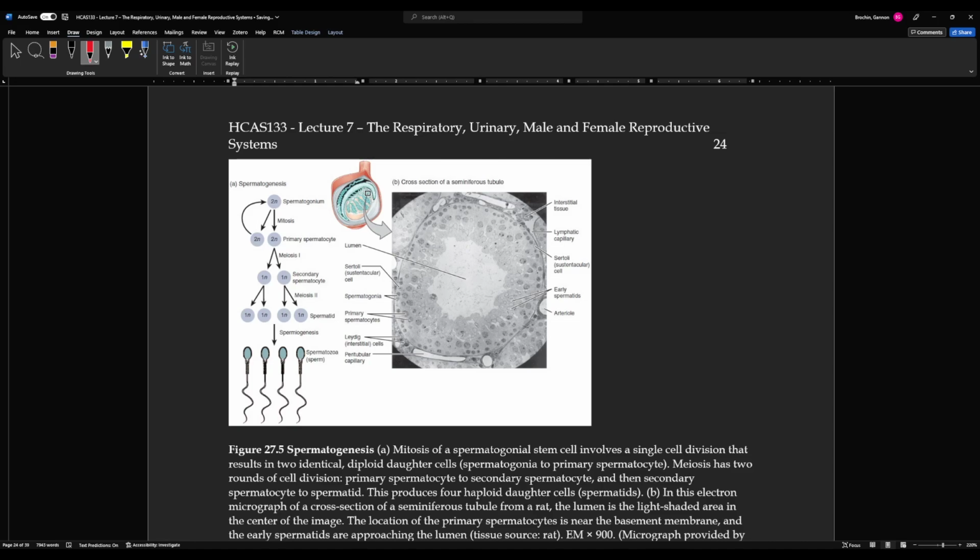Also, the sperm cell is the only human cell that has a flagella, which is actually a very important thing when we talk about the immune system, because our immune system will actually trigger on flagella.